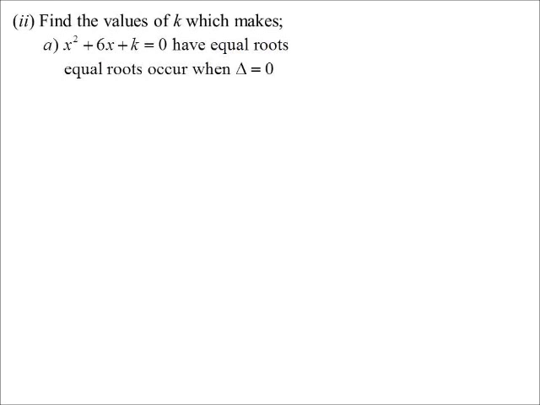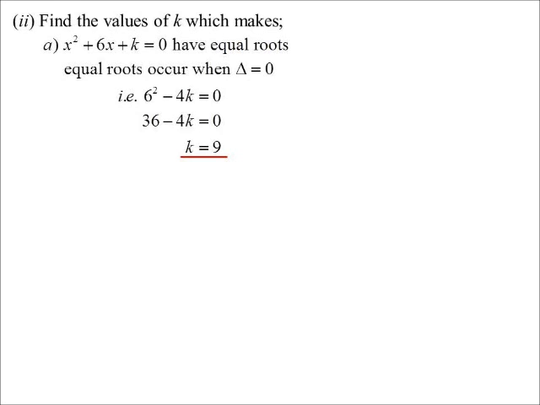So we basically want to solve b squared minus 4ac, in this case 6 squared minus 4k, is equal to 0. There's only one possibility for k for this one, so that'll happen when k equals 9. And in fact, that turns out to be the perfect square. Because if you think about it, it's got to be the perfect square to have one solution to the equation.